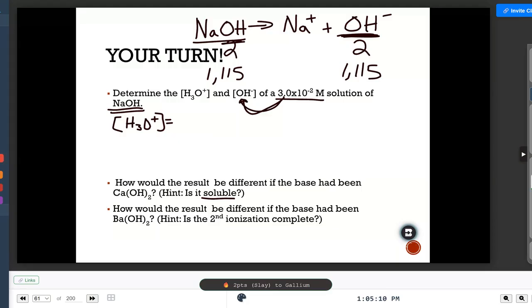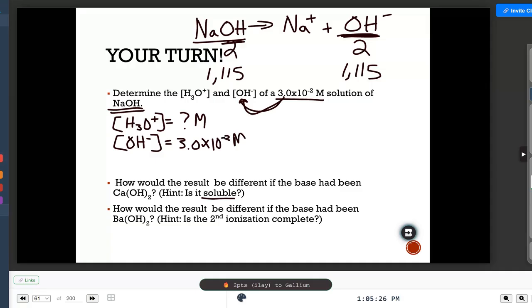For hydroxide, it is. But then for H, that's what we're solving for, right? Yes. And so for hydroxide, we can just say, oh well, it's 3.0 times 10 to the negative second, right? And now we have our Kw.